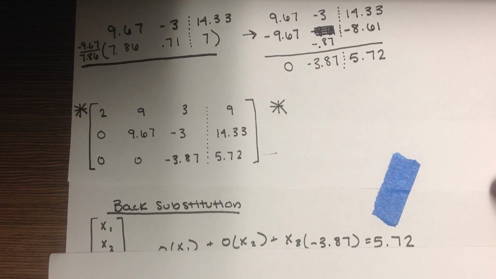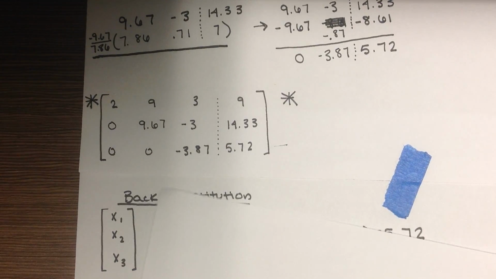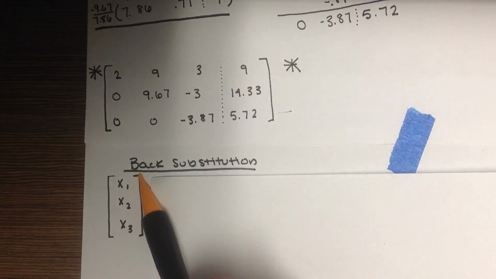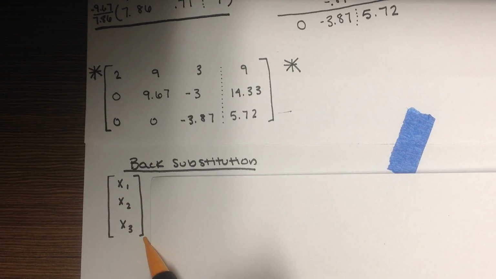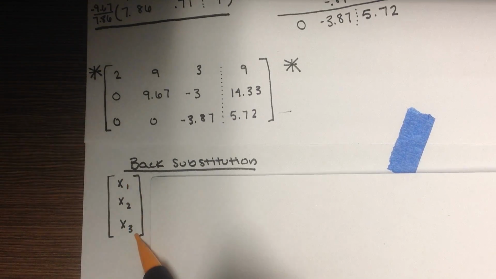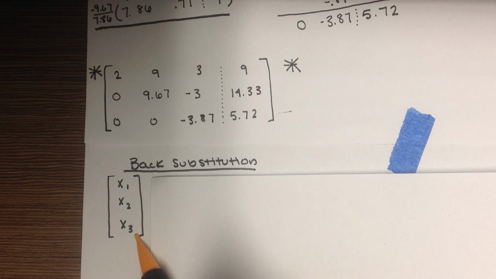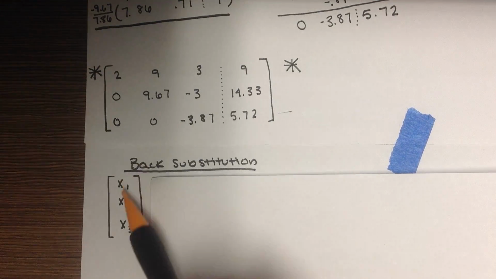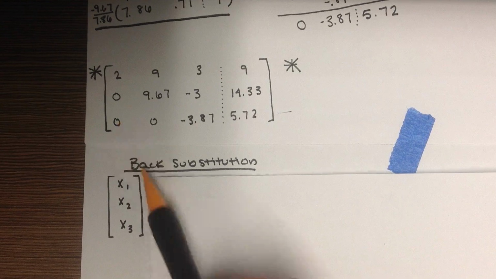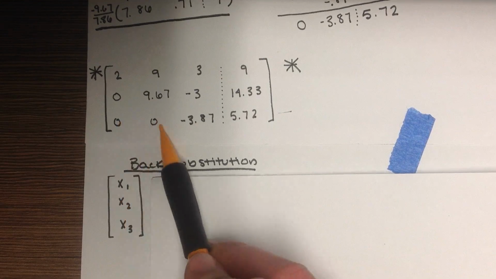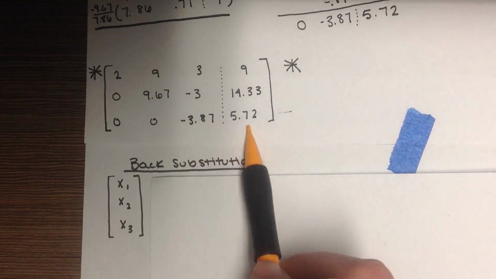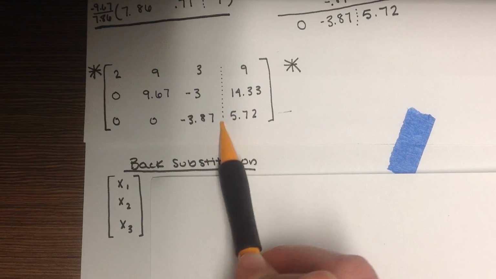With back substitution, I'm just going to cover up that little part. We want our x vector, or our x matrix, which we know is going to be like this with x1, x2, and x3. What basically happens is x1 is multiplied by the first value of a row, x2 is multiplied by the second value, and x3 is multiplied by the third value, and all of that will equal what is at the end.